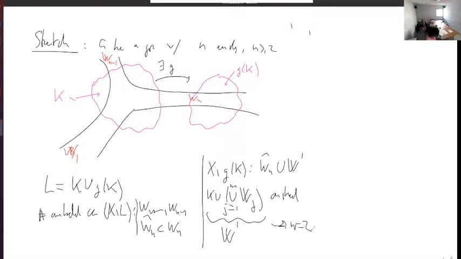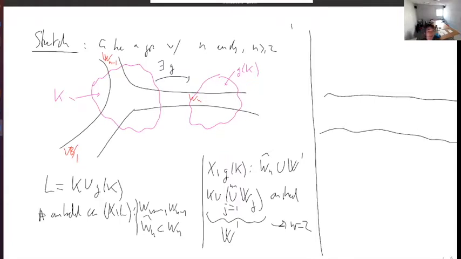Okay, so then the picture is the following. Your space is like a strip. And here you have k. And then you have G of k. That's just on the right. So here I have W2.